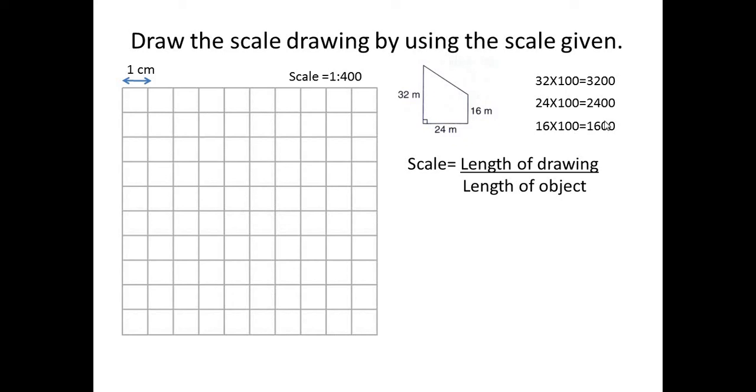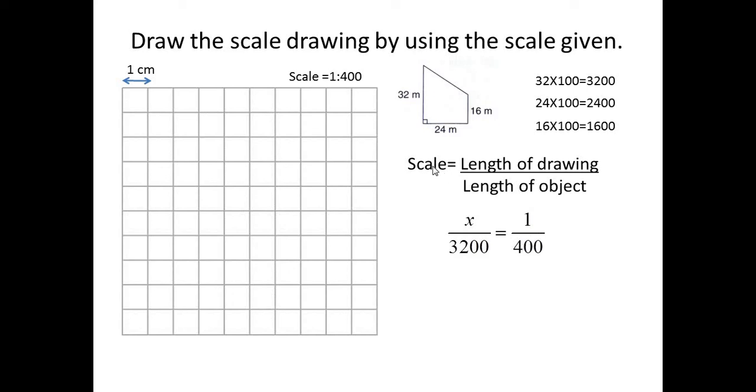All this we're going to apply to the formula given. As usual, choosing either side will do. Let's say we're going to draw this side first. The side that we're going to draw, we name it as x. So x over 3200 equals 1/400.